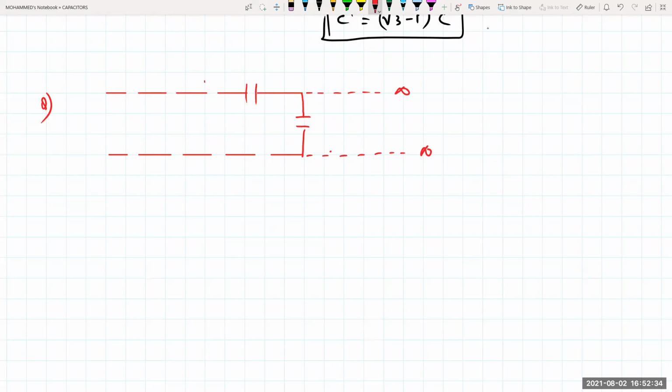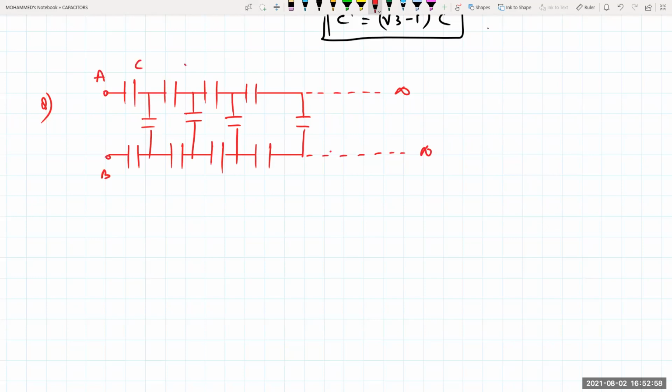Here there is one capacitor, one capacitor, one capacitor. Whenever you are taking up to the infinity part, there is one capacitor like this in between. This is the terminal A and this is your terminal B.